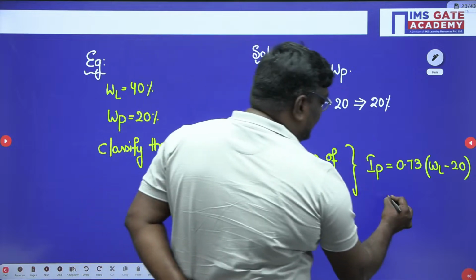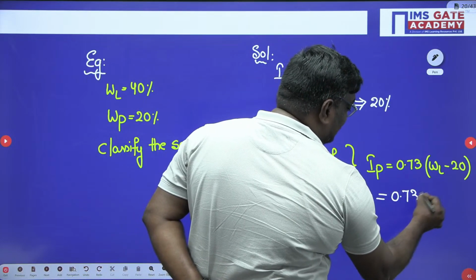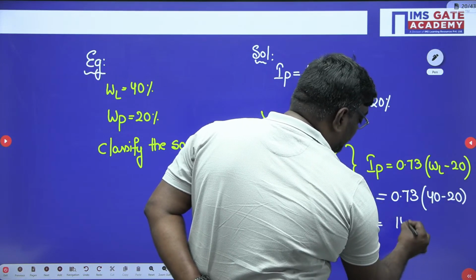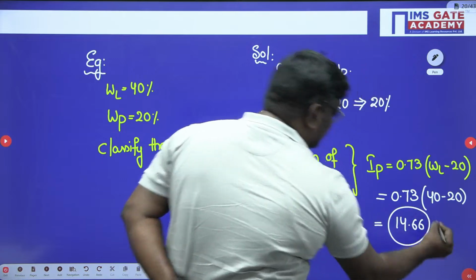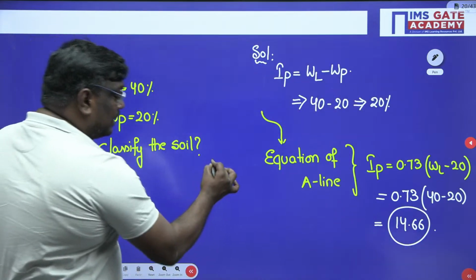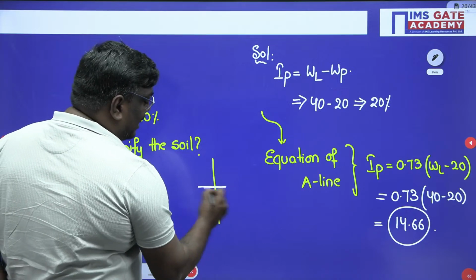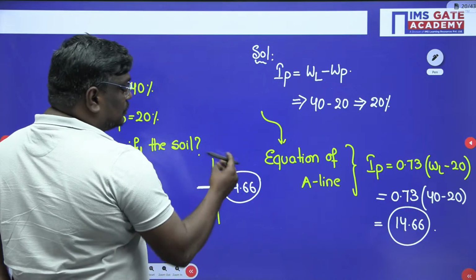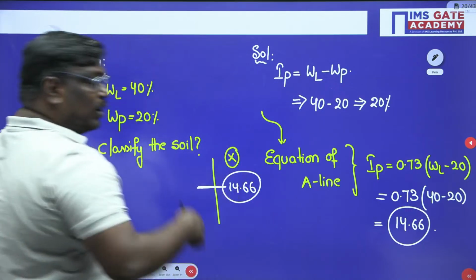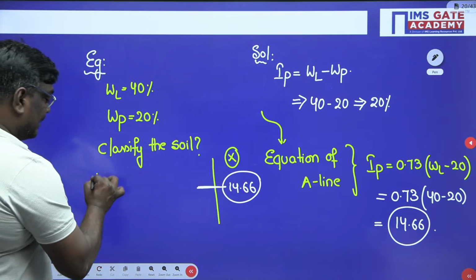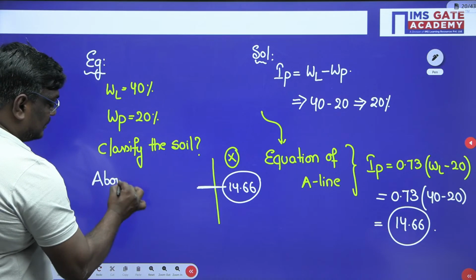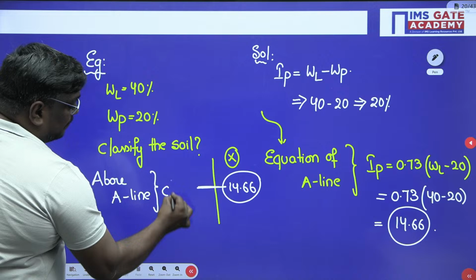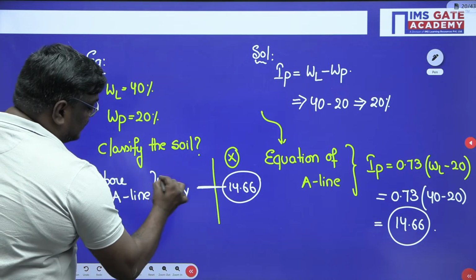So if I substitute, it will be 0.73 into (40 minus 20), which equals 14.66. So the A line is at a value of 14.66. How much value have you got? 20. So it is above the A line. Above the A line means it is clay, as is clear from the plasticity chart.